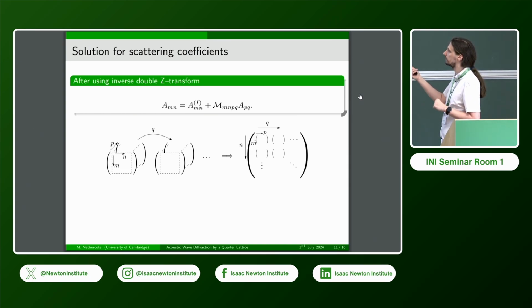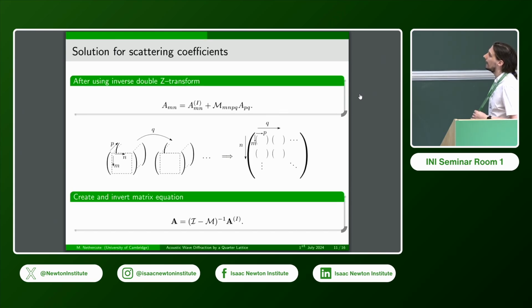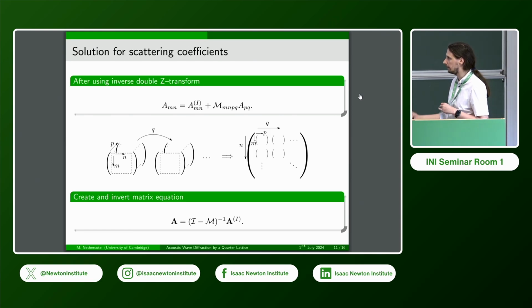What that will do is make each of these blocks square, and we'll have a square number of blocks. And then it's just a matter of creating the new matrix equation, which we can formulate and solve using elementary matrix arithmetic.